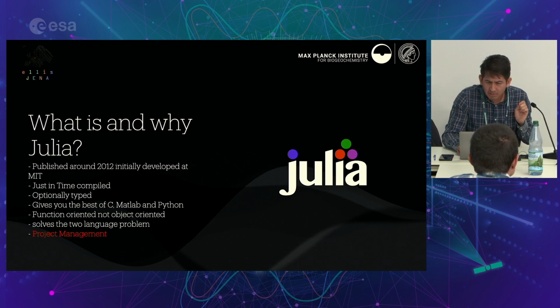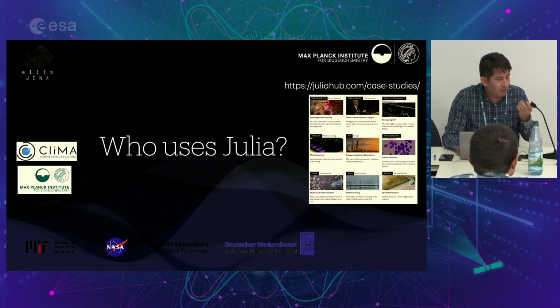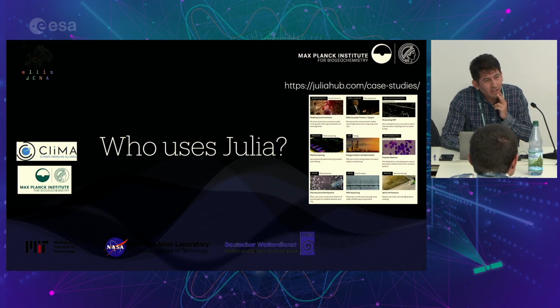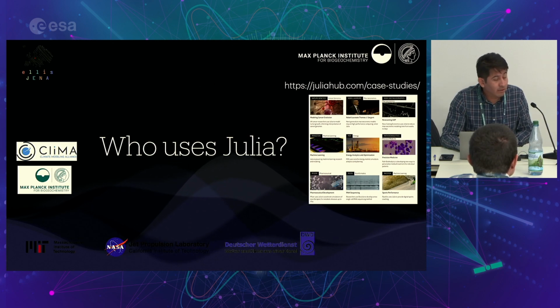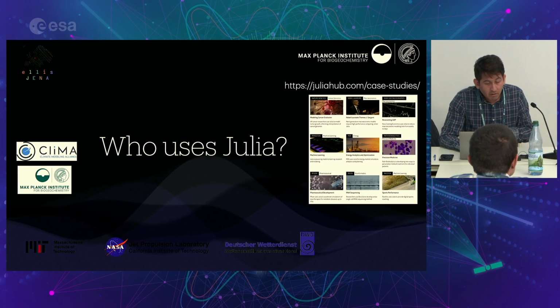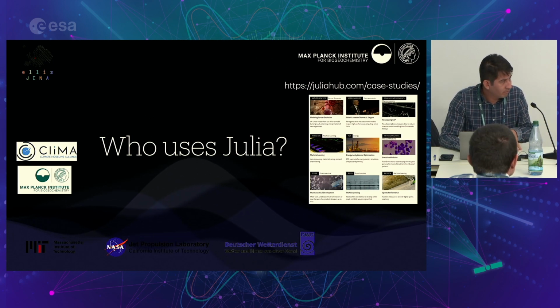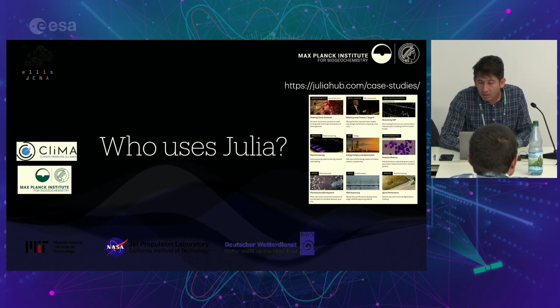Yes, so I think we have more slides. Yeah, who is using Julia nowadays? Of course, we are at the Max Planck Institute. Some people at Caltech, they have a big initiative to do climate data modeling, and they have this framework called Clima.